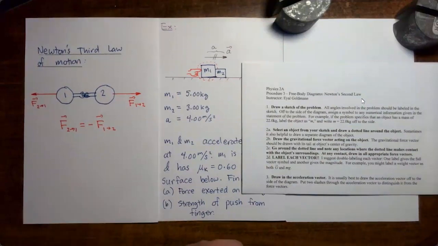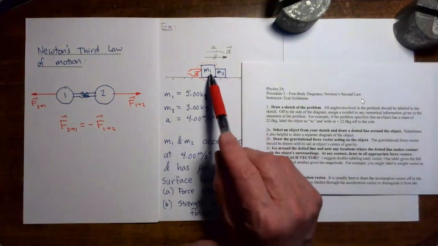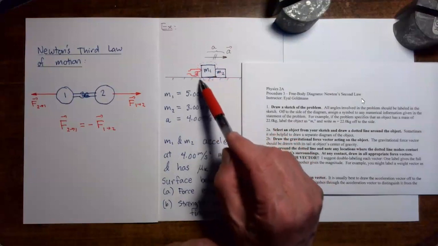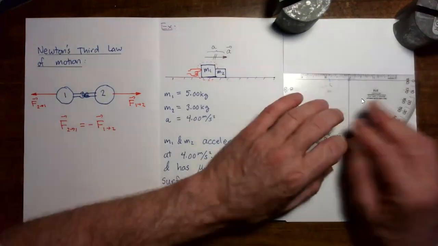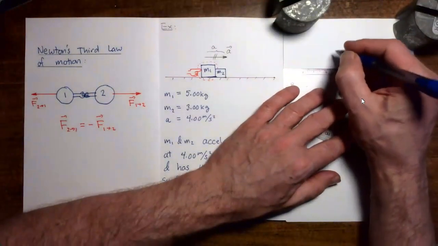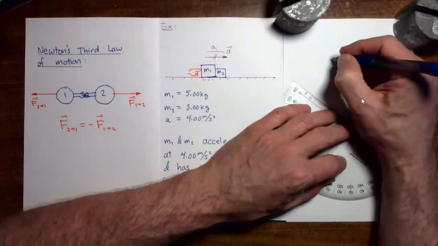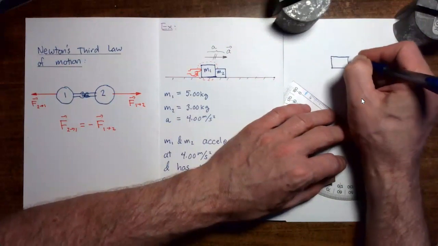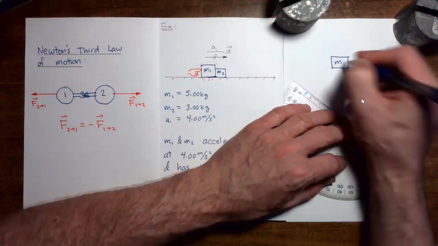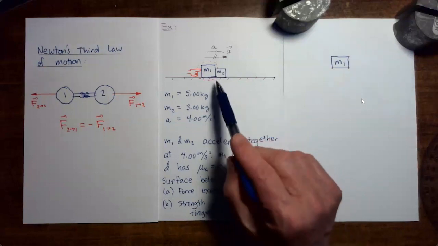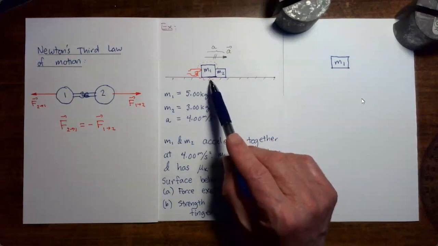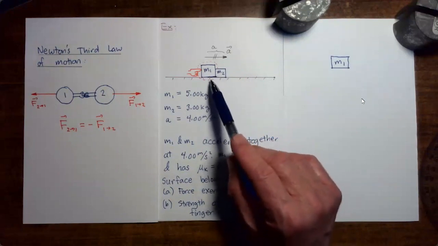individually. So we're going to start by analyzing mass 1. So we can start by drawing a dashed line around mass 1. Then I'm going to come over to the side and make a separate figure of mass 1 here. At this point, I would encourage you to pause the video and do the best you can to draw a force diagram on mass 1 as we've been practicing in the previous videos.